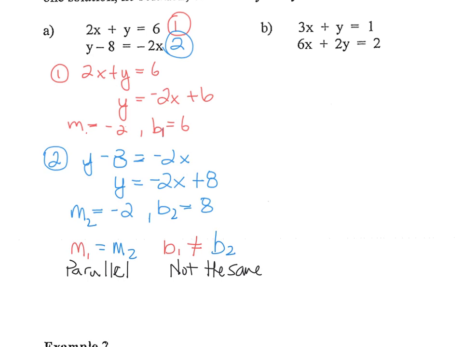So these lines are parallel, they'll never meet, and therefore no solution. Again, we need to understand what the slope and the y-intercept are, and then we can see just from that whether the lines meet at one point, no point, or an infinite amount of points. Okay, so let's try the next one.